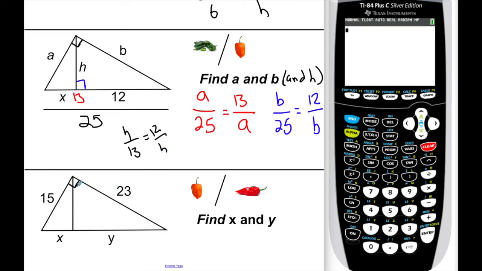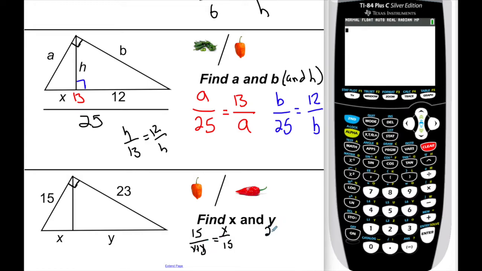Now, this is an even more difficult problem because now there's a lot of stuff going on. I don't know anything about the hypotenuse. So even if I was to set something up, this would be weird. This would be like 15 over x plus y equals x over 15. So you see you've got two letters there.